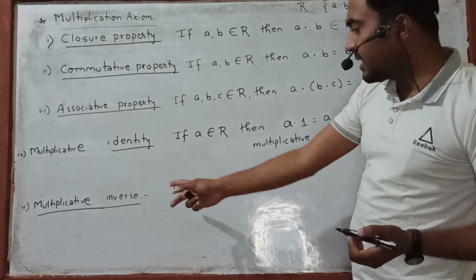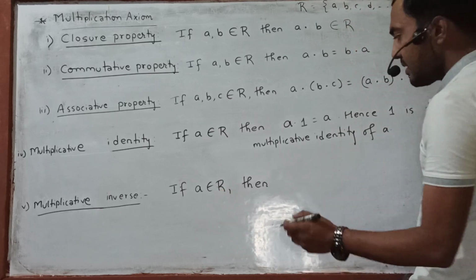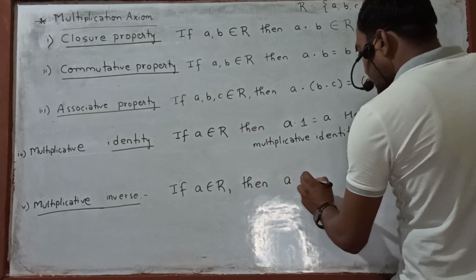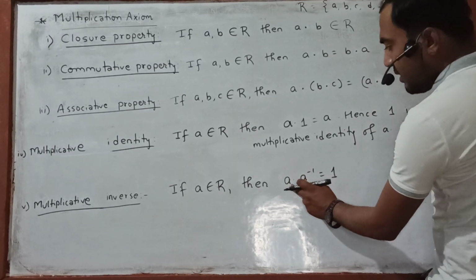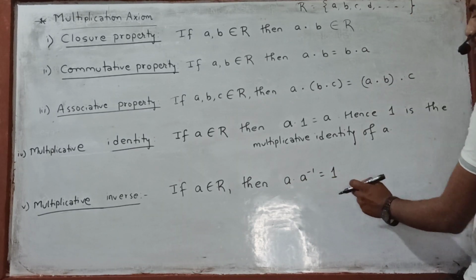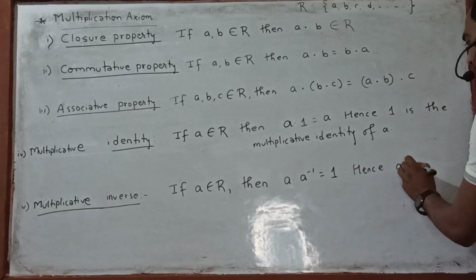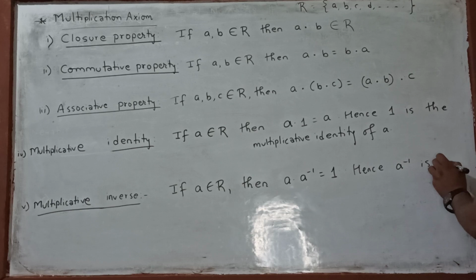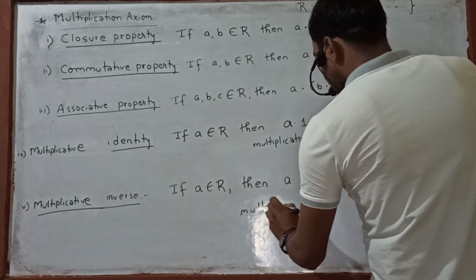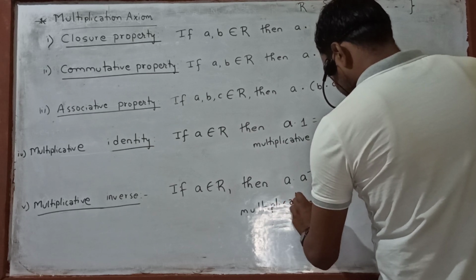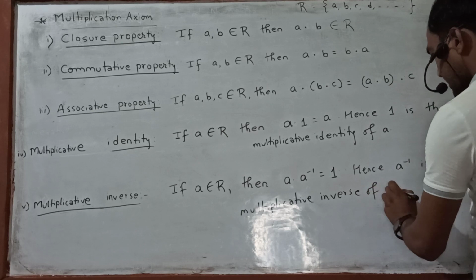Now come to multiplicative inverse. If a belongs to some set of real numbers, then a into, obviously, a inverse will be equal to 1. So in a you have to multiply a inverse to get 1. Hence a power minus 1 is the multiplicative inverse of a.